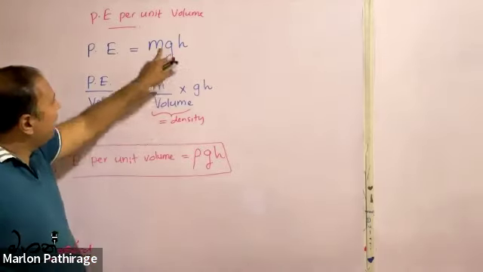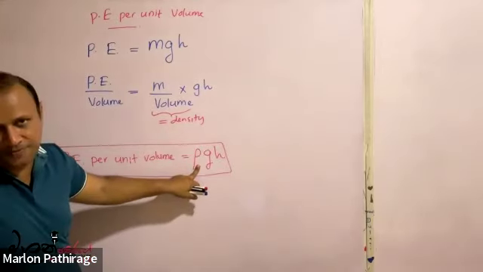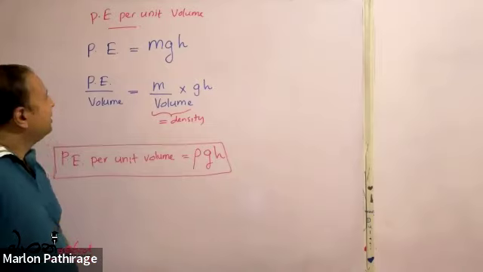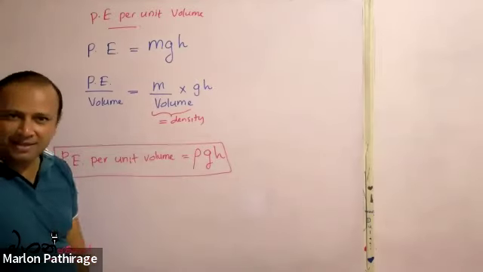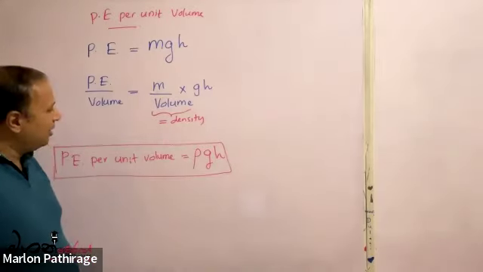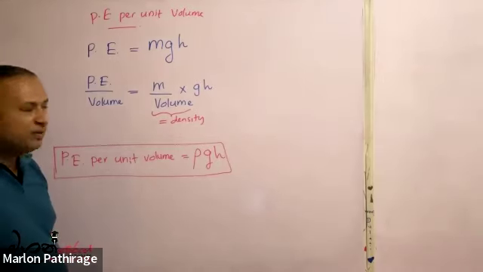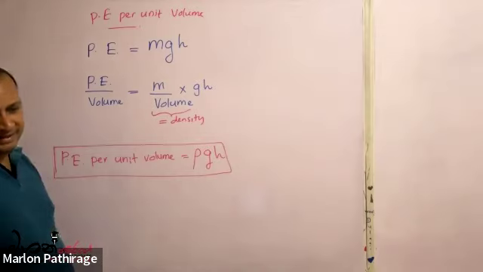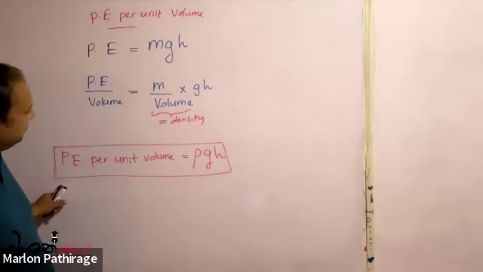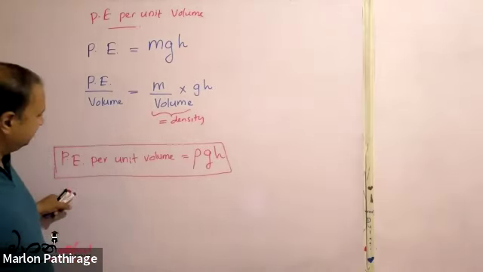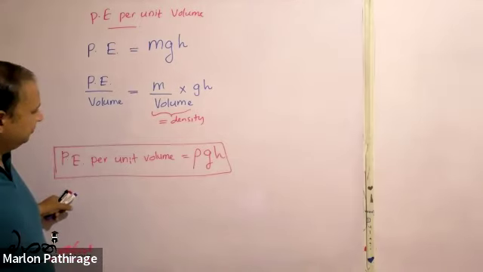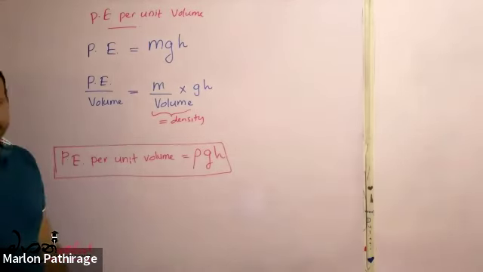So instead of m, now there is rho, because mass over volume is density.